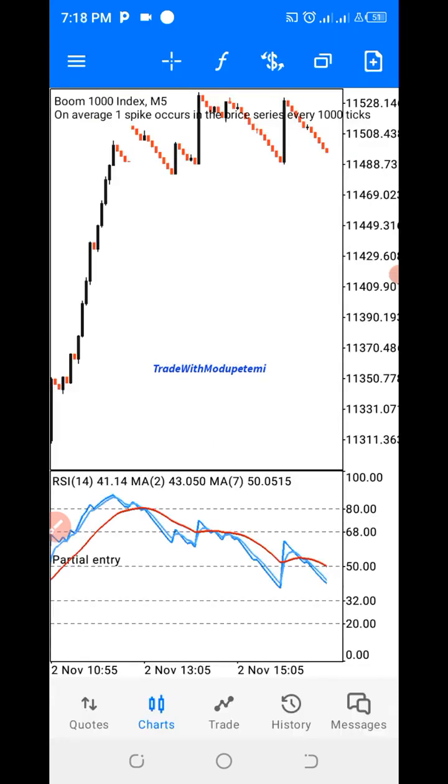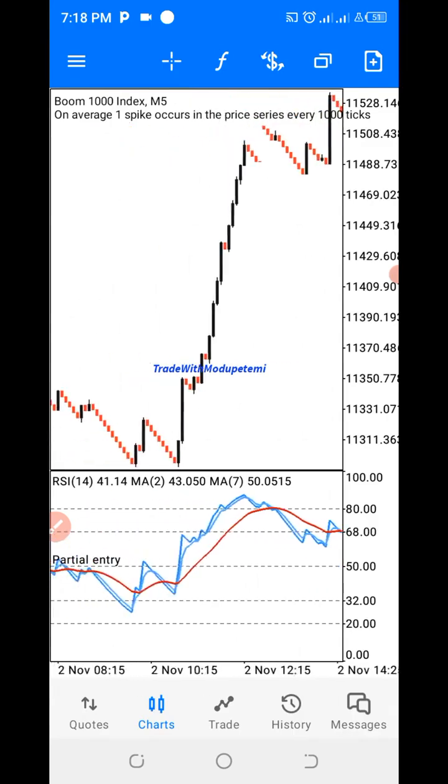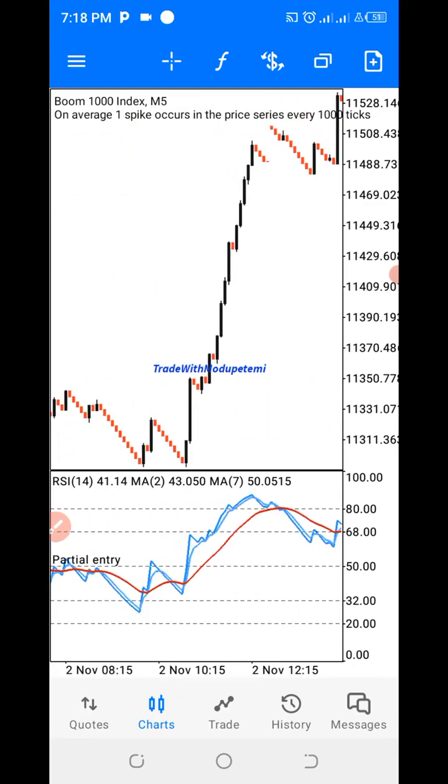Now let me explain how you're actually going to use it. Remember that earlier I said the first pattern we're going to be trading is our W and our M. It works perfectly. I'm using Boom 1000 for this. With Boom 1000, you can use it to catch spikes, and you can use it to trade the reversal pattern, which is the sell.